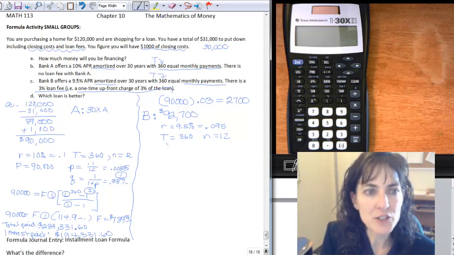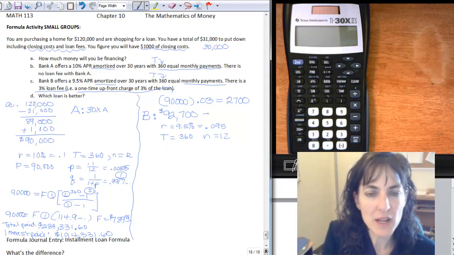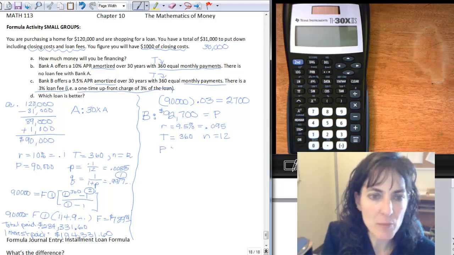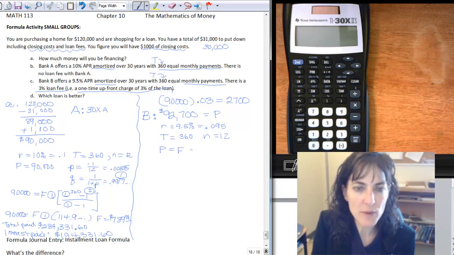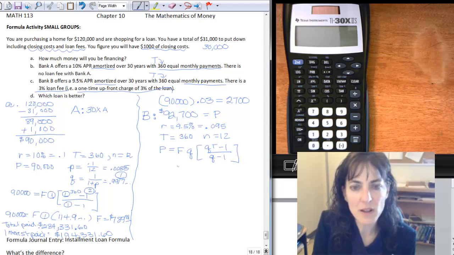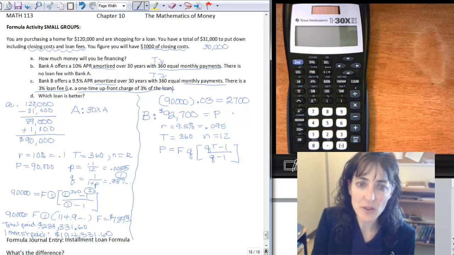And then I just need, this is my capital P for my formula. So I have capital P equals F, which is my payment, times Q, times the big quantity, Q to the T minus 1 over Q minus 1. I just need to calculate a couple of things before I can use that.